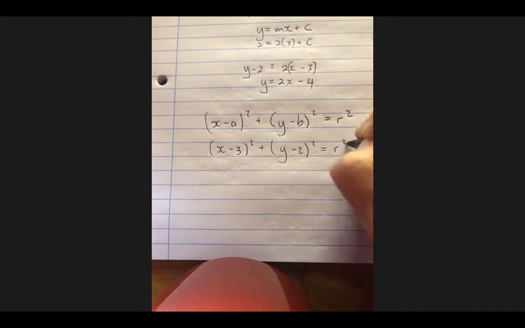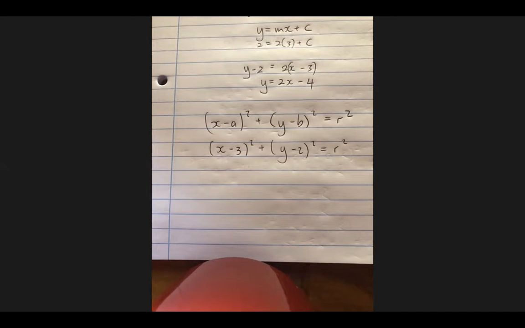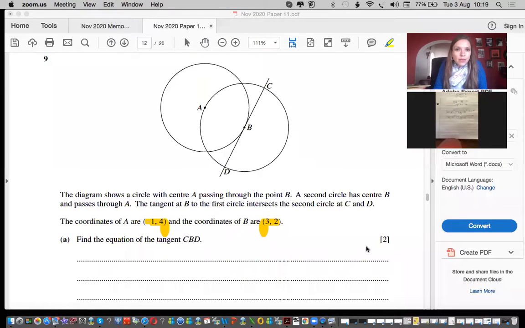But now you also need to find the radius. So the easiest way to find radius, obviously you could use distance of diameter divided by 2, but I feel like the sketch is going to help us here. If you want the distance of the radius, why don't we just substitute the coordinates of A into X and Y? Or you could have even done a separate question where you just do distance formula for AB.